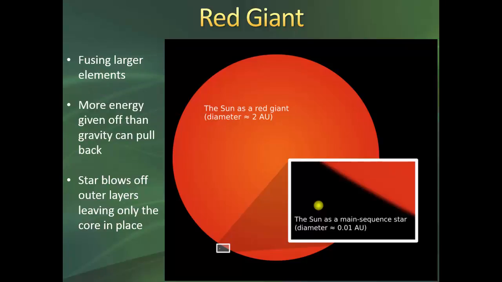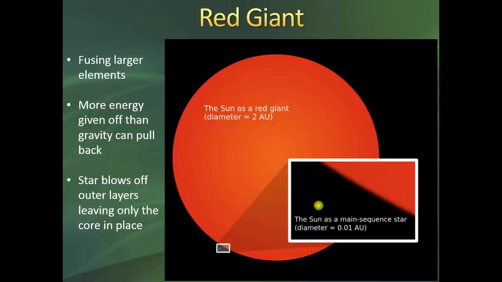As this starts occurring, eventually the helium has enough force to start turning into larger elements, elements such as carbon. As the helium turns into carbon, the star gains tremendous amounts of energy. And in that core, the outer layers are then forced and blown off the outside of the star.